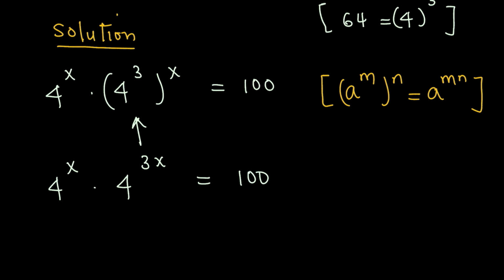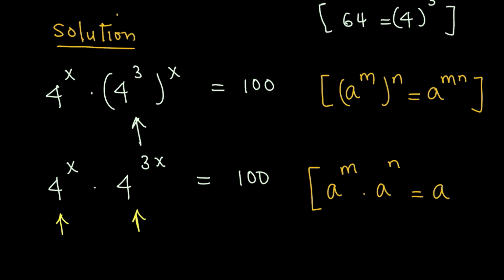Now, on a closer look, you have 4 as a base here and here. Therefore, we can use another law of indices to bring them together since they have common base. And the law we are going to apply is a raised to power m times a raised to power n, same base, different power.